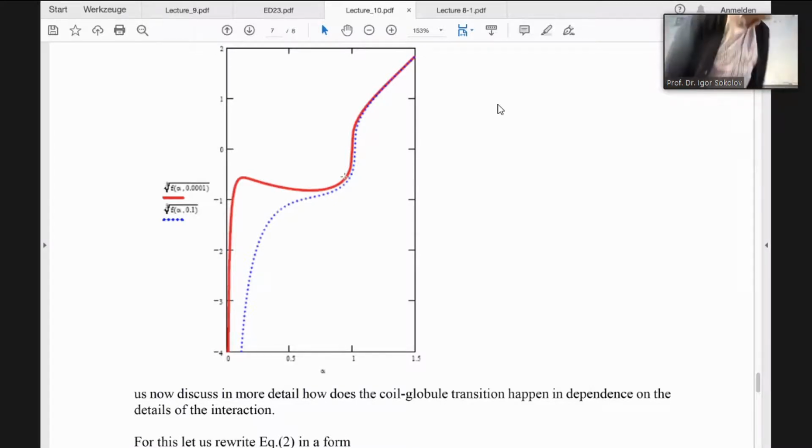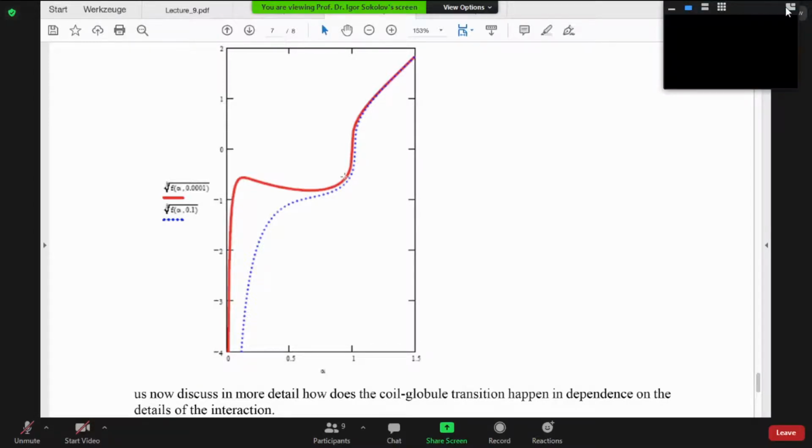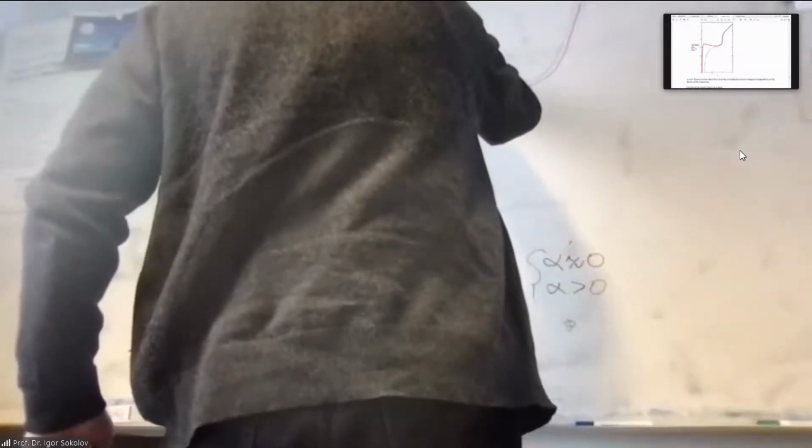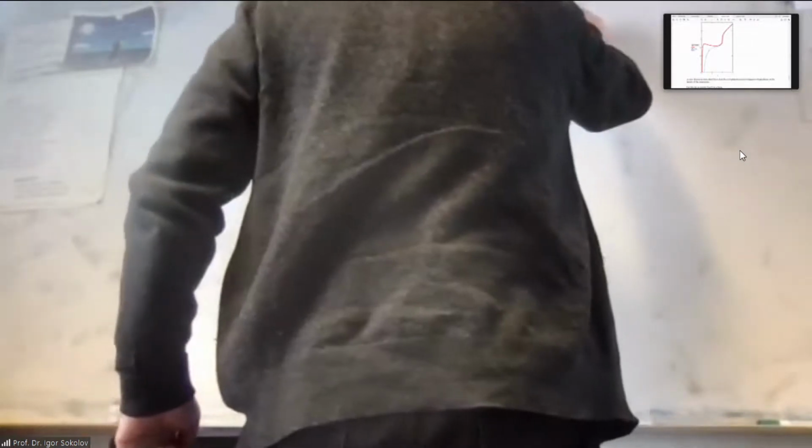So what you see on this curve is that on one way, this is my curve, this is the red curve. On one way, when you start in a good solvent, you go like this. This is an immediate transition, then you continue like this. But then when you start to heat, you go another way, like this, and then you continue like this.